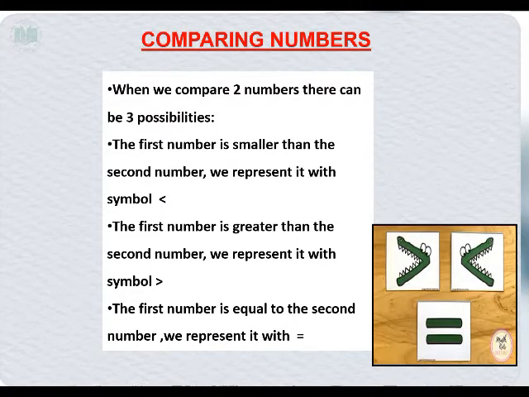The second possibility is the first number is greater than the second number. We represent it with the symbol of greater than. The third and last possibility is the first number is equal to the second number. We represent it with the equal to sign.